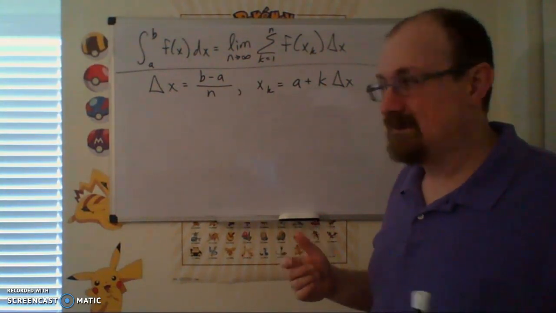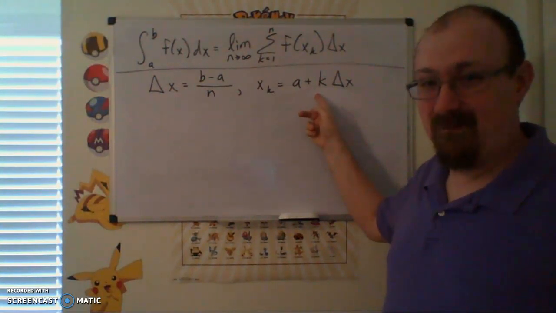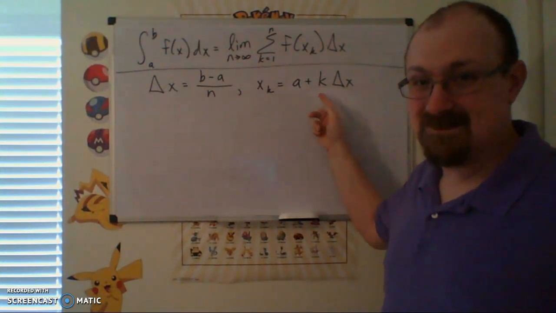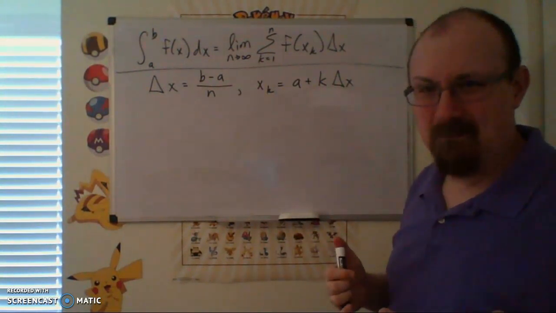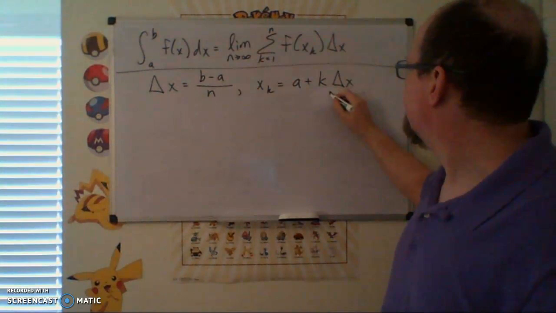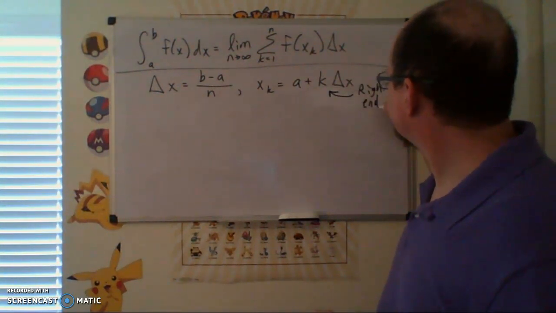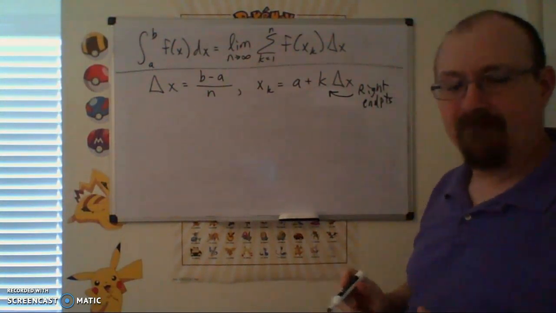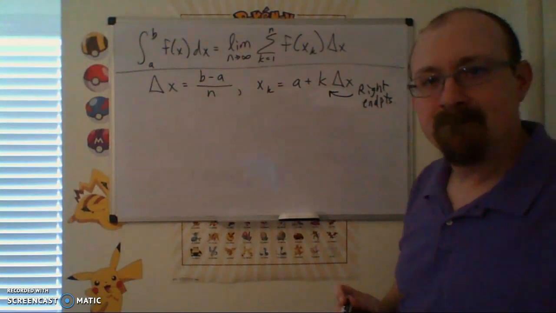So for convenience, this is the most elegant formula I think we can use. Officially speaking, this would be measuring right-hand endpoints, corresponding to what we do with that right-hand Riemann sum. So keep that in mind.